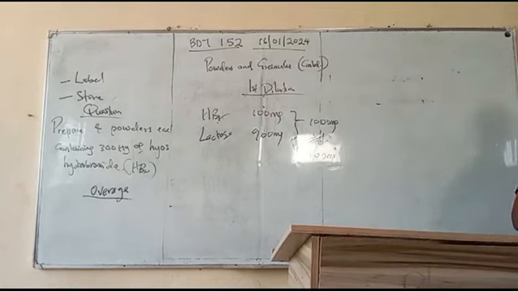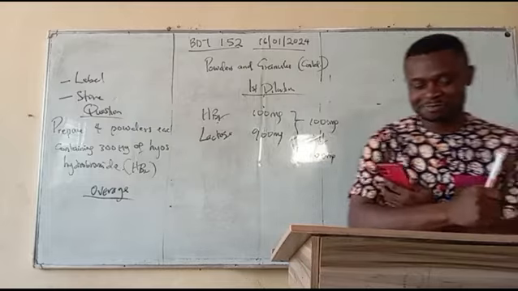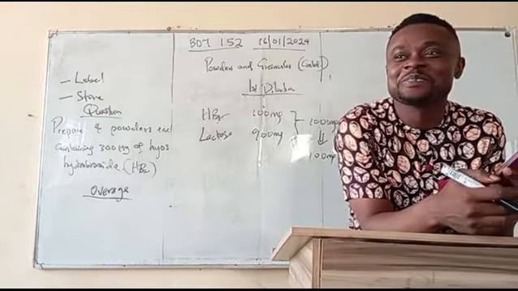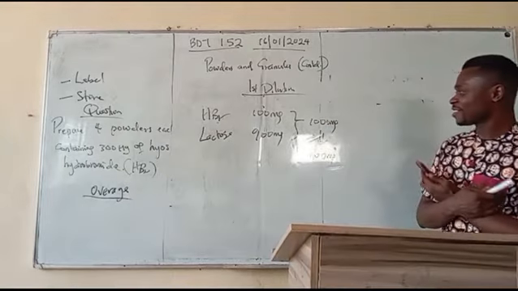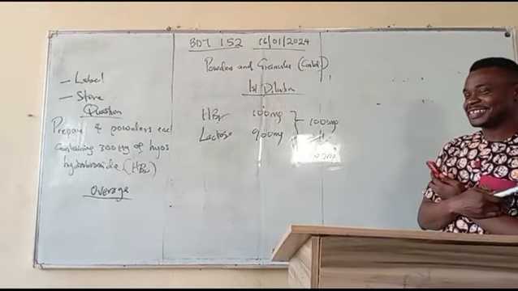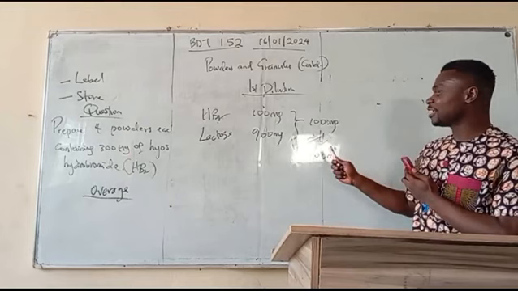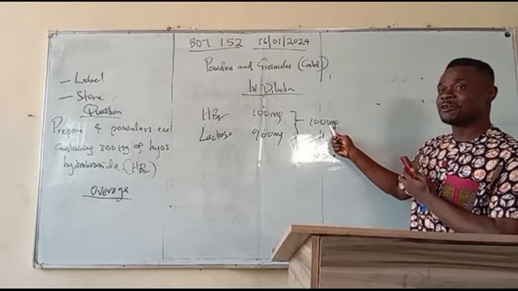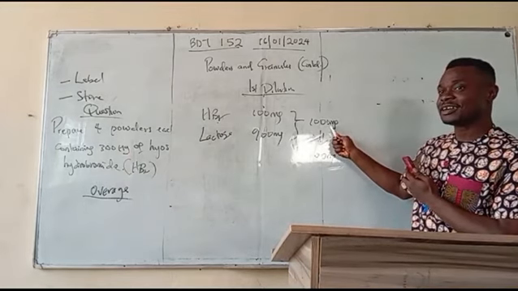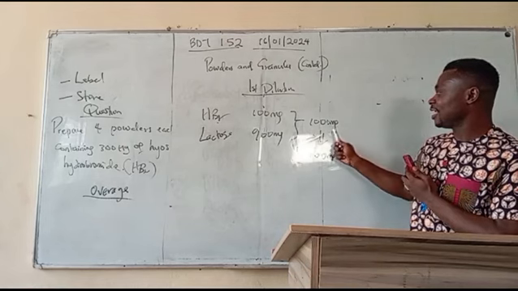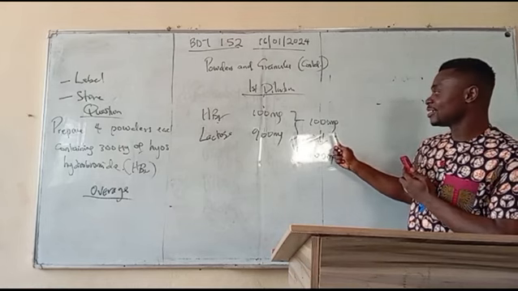So you are confused. How is it 10? Tell me how you got 10. If you divide 1000 by 100, it is 10.